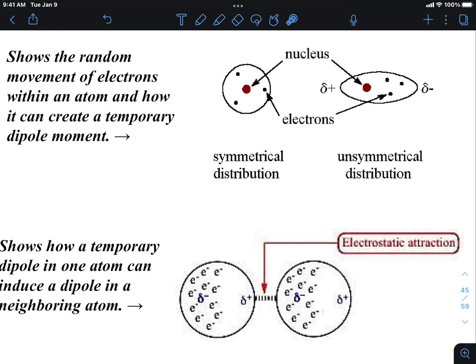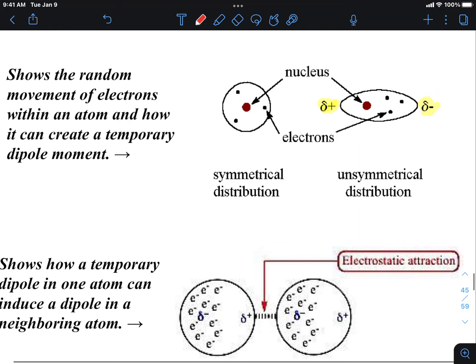So if it's random, then what happens is this. Occasionally, your electrons will be skewed towards one side more than the other. And if that happens, the left side is partially negative, but only temporarily, briefly.